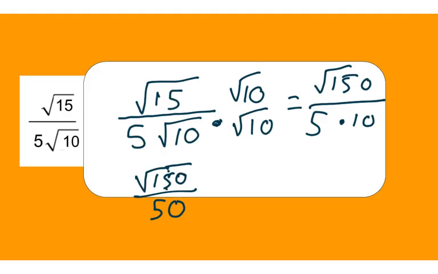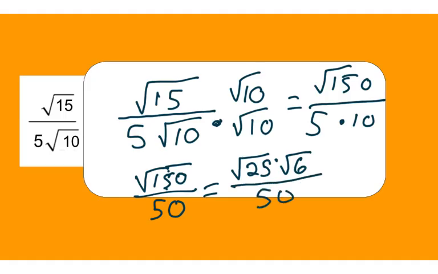I think we can, into simpler radicals. I know we could do radical 25 times radical 6, and divide that by 50, and that's going to give us, radical 25 is going to give us 5, radical 6, divided by 50.